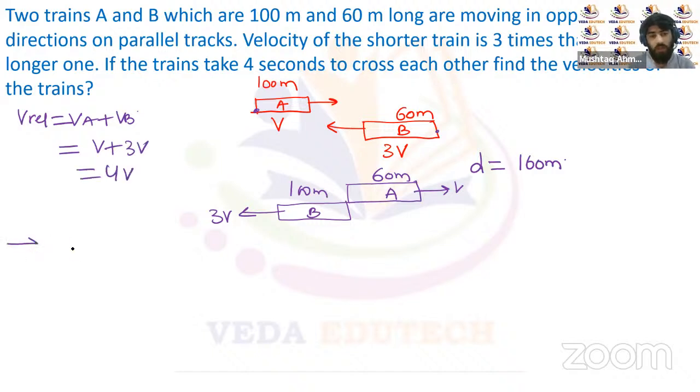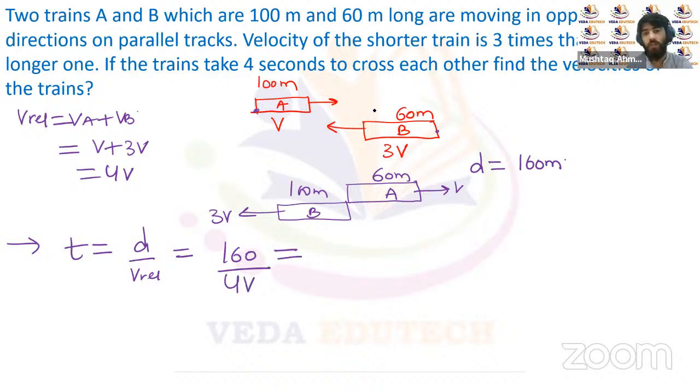And the time will be the distance upon the relative velocity. The distance is 160 meters, upon the relative speed, that's 4V, and the time to cross each other is 4 seconds. So our velocity V will be equal to 160 upon 4 into 4, that's equal to 10 meters per second.